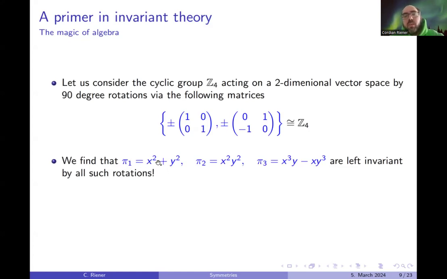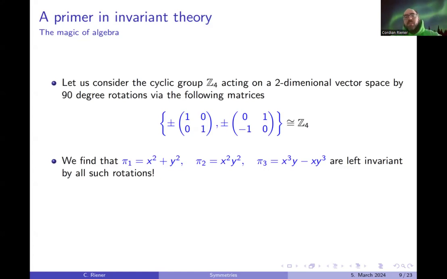So it is in particular left invariant for this group. You also see that x can be mapped to minus x or y to minus y with these matrices, so it's very easy to see that the second polynomial, x squared times y squared, stays invariant. And in fact, there's also a third polynomial that we can find that is again left invariant; I use this word too often.